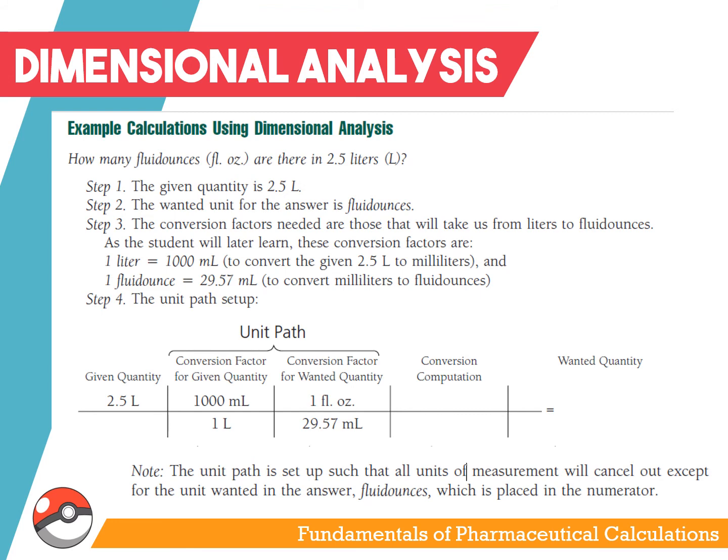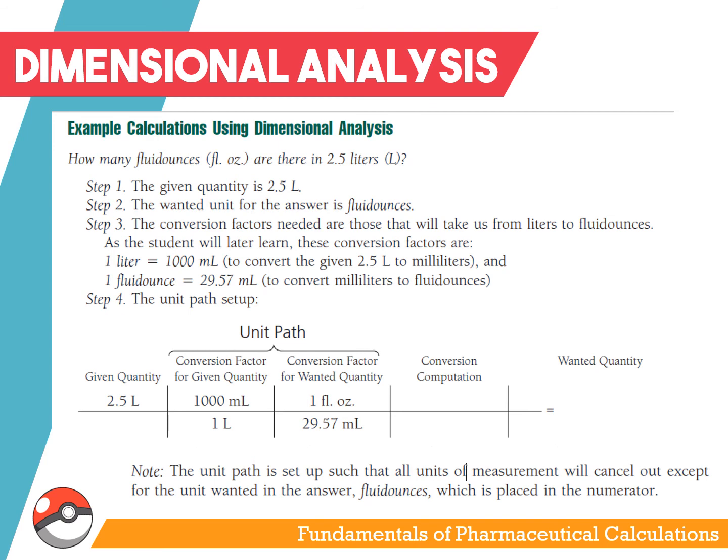Next, we identify the conversion factors that can be used. So we have 1 liter is equal to 1000 ml, and 1 fluid ounce is equal to 29.57 ml. So why are these the factors to be used? Because they are related, or they have like terms that can be cancelled.